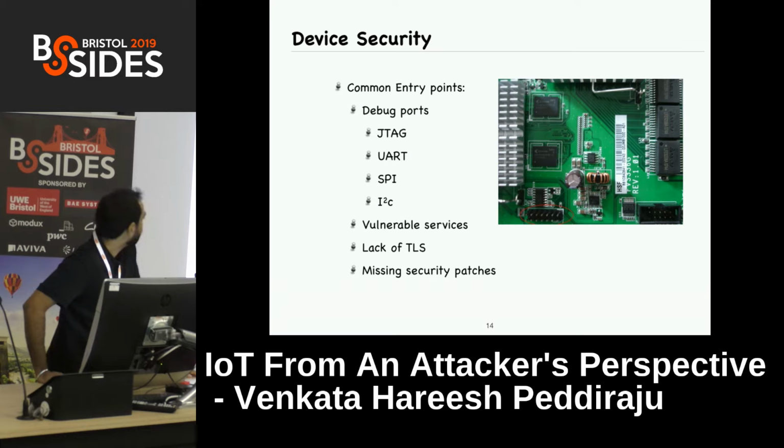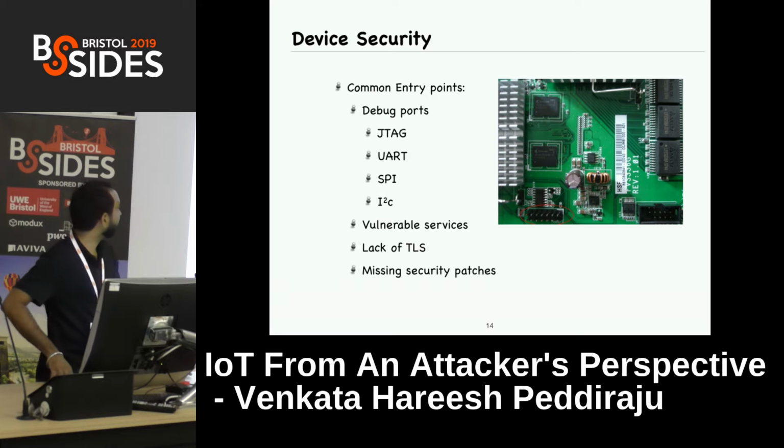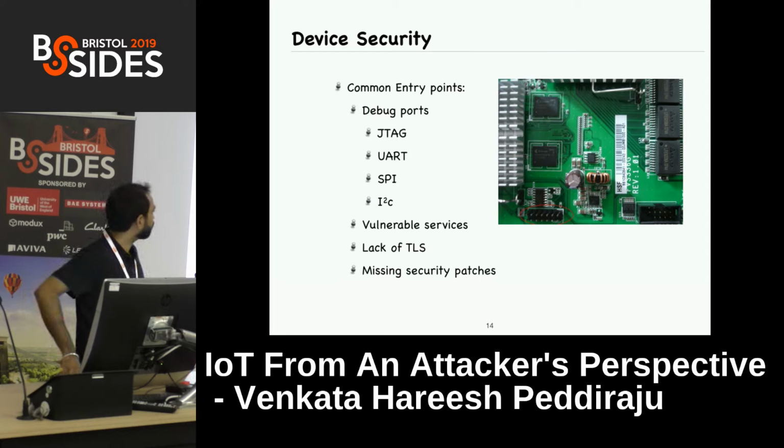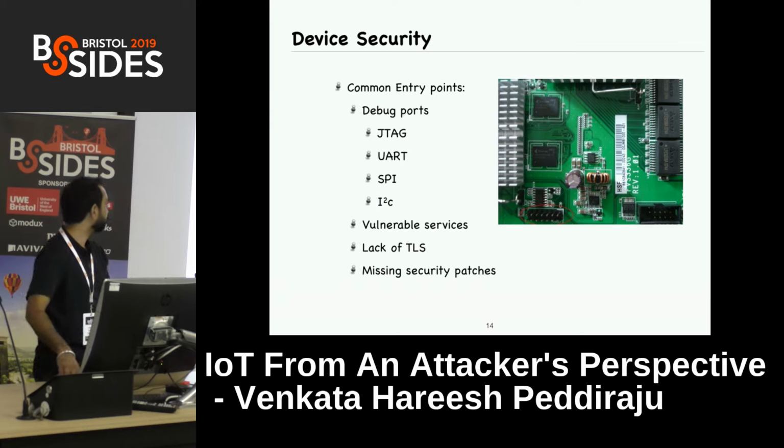These debug ports can be found pretty easily, but in a production or secure device, you may not find all these pins out. In that case, you will have to manually identify those pins, solder on to them on the board, and then connect your system to the board.